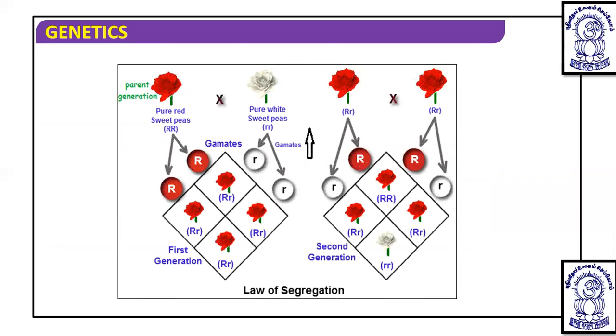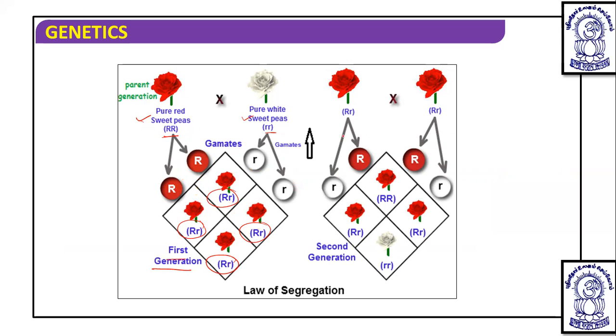Okay, so these are showing a monohybrid cross. You can see here they have given another example of the red sweet pea and the pure white sweet pea. Capital R here, small r here. Two gametes are produced, capital R and small r. So all offspring in F1 are capital R, small r, the first generation, and they are of red color.